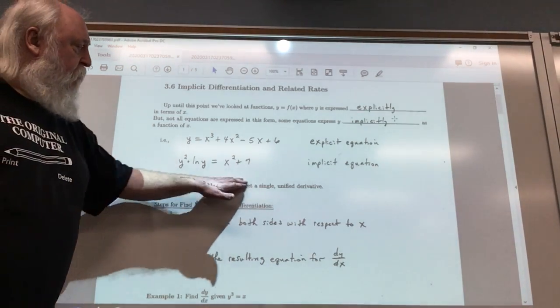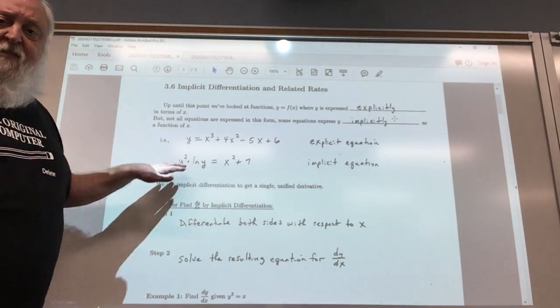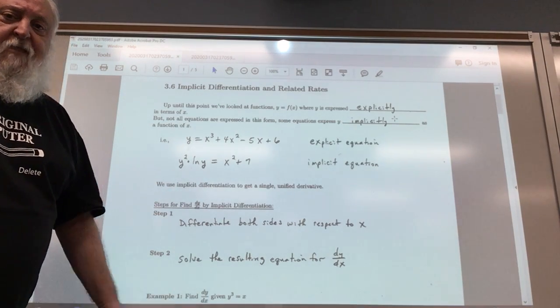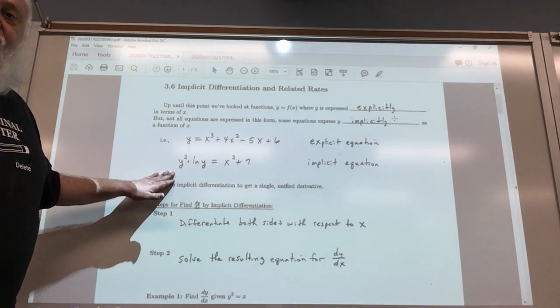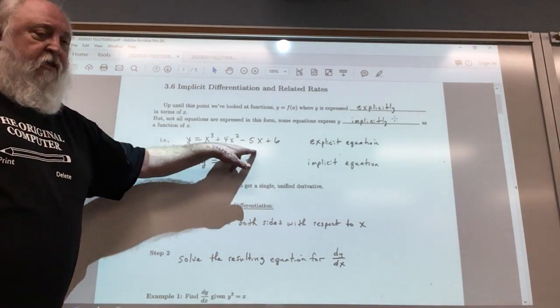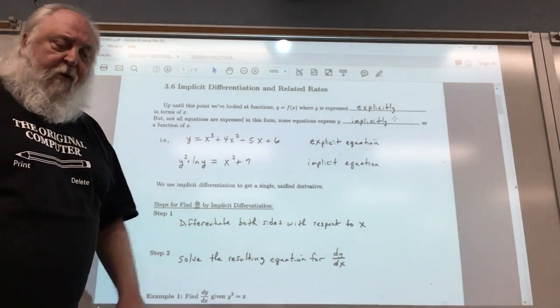So we can't differentiate this equation directly using the basic rules of differentiation that we learned for exam 1. We have to use implicit differentiation to find the derivative of this function with respect to x.